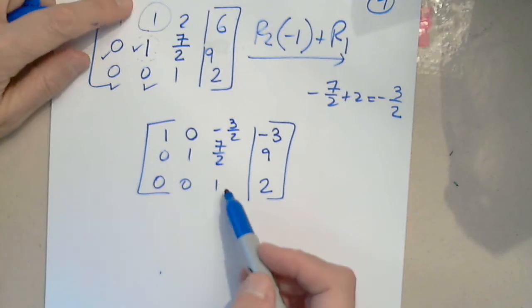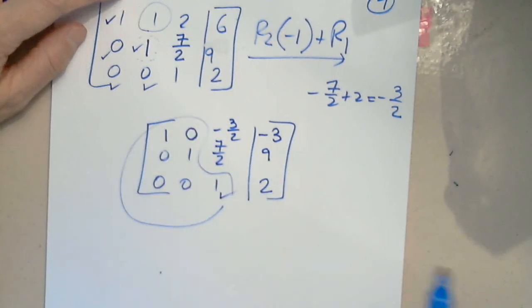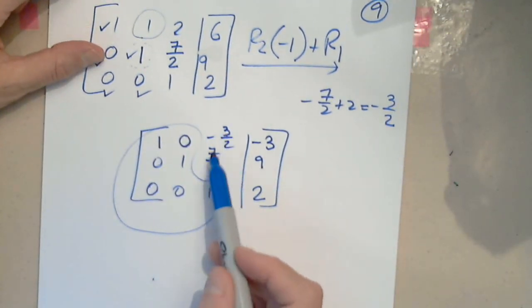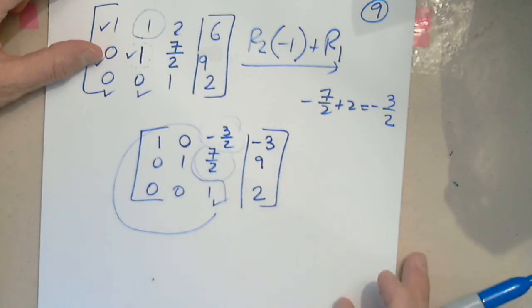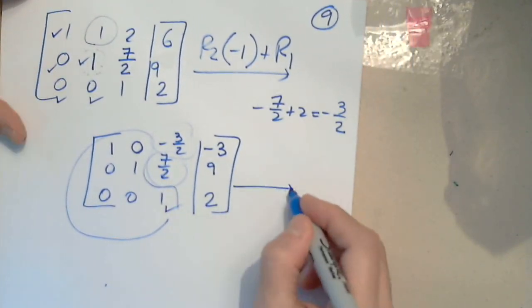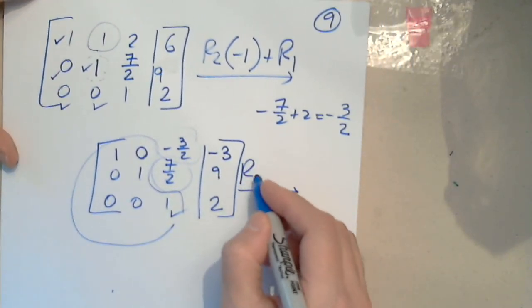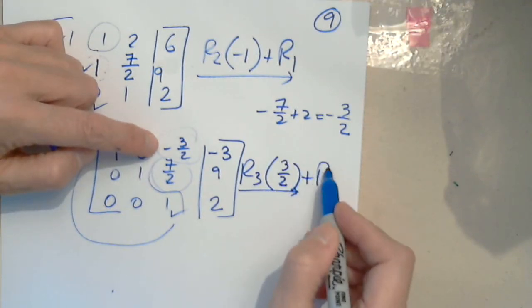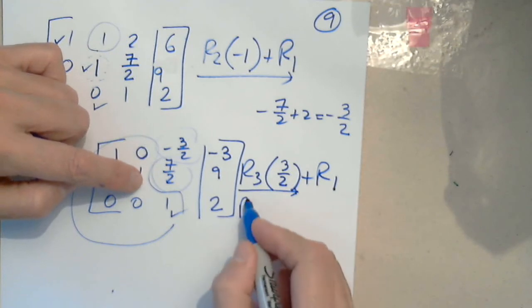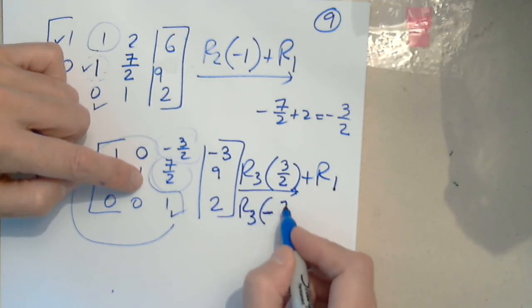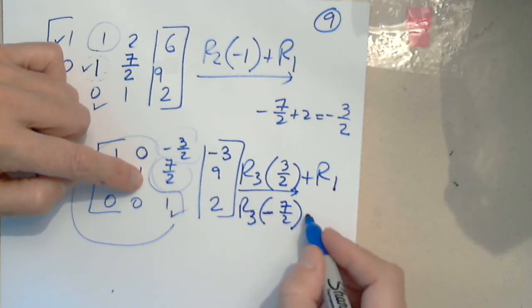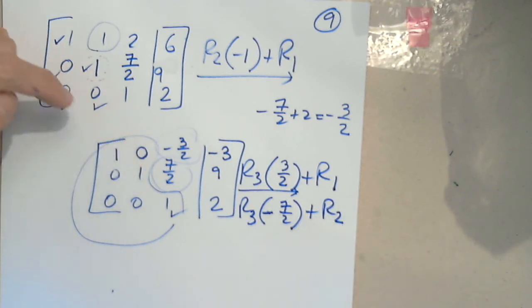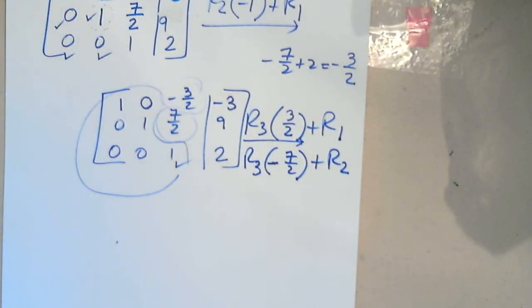Final step. So all this is done, luckily for us, but we have to eliminate these two, this and this. At this stage, we have to use row 3. We multiply it by 3/2 and add it to row 1. And row 3 multiplied by -7/2 and add it to row 2. Okay, so let's see.